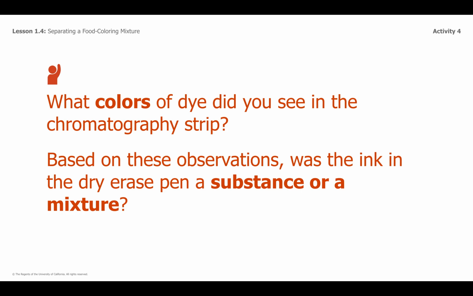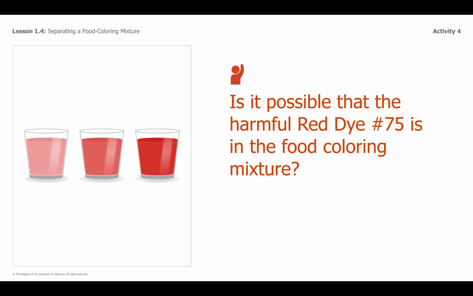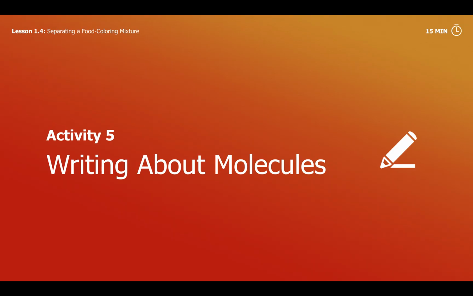Think about whether you think the dry erase pen was a substance or a mixture. And is it possible that harmful red dye number 75 is in the food coloring mixture?